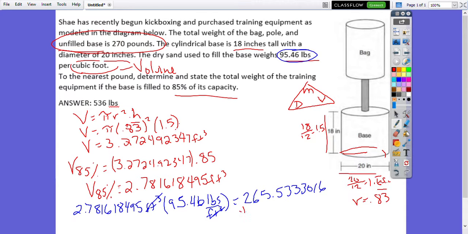So if we add 270 to this, we're going to get 535.5, and it doesn't even matter what the rest of the number is. Okay, it says nearest pound right there. So when we round this number, it's going to become 536 pounds.